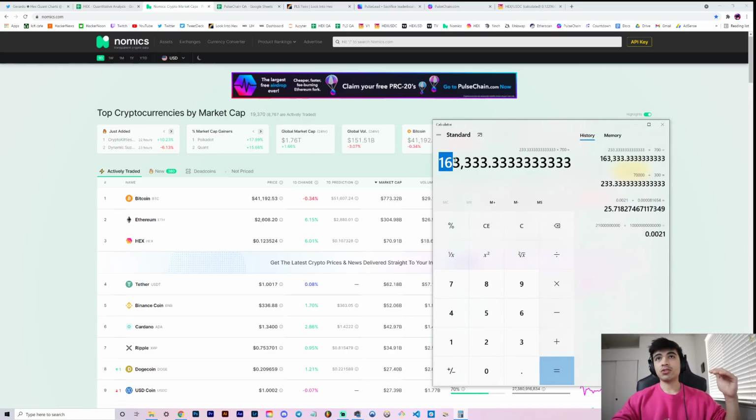And this takes us to 163,000 million, which is about $163 billion. That would put us at top 3 market cap. That would flip Hex, right? That would definitely see Pulse flipping Hex, assuming Hex didn't do more than like a 2x in that same amount of time. And so $163 billion, right?